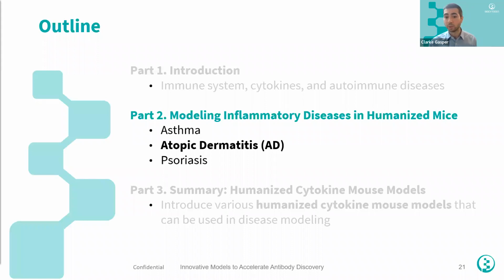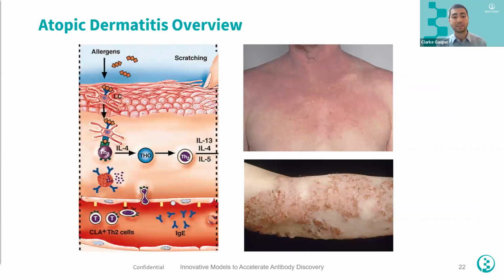And so another disease we have modeled in mice is atopic dermatitis, or AD. So atopic dermatitis is a chronic skin disease that presents with itching, redness, dry, cracked skin, and small raised bumps that can become infected if irritated. They can appear anywhere on the skin, and repeated scratching can cause thickening and hardening of the skin.